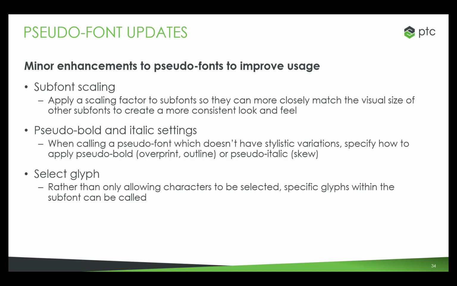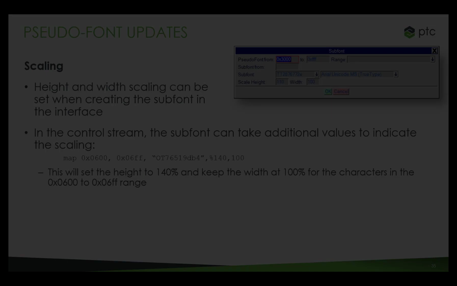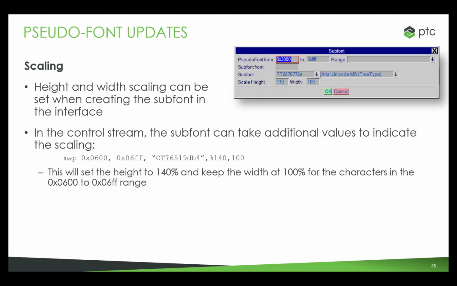I'll talk about that again in a sec. And we've also allowed you to select a glyph within a font to replace a character rather than just doing individual character mapping. And again, the select glyph feature was suggested as part of the ideas page on the community site. So let's look at subfont scaling then.